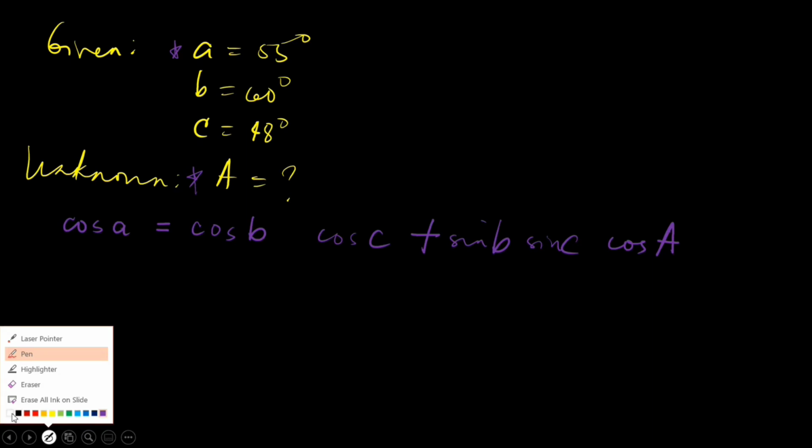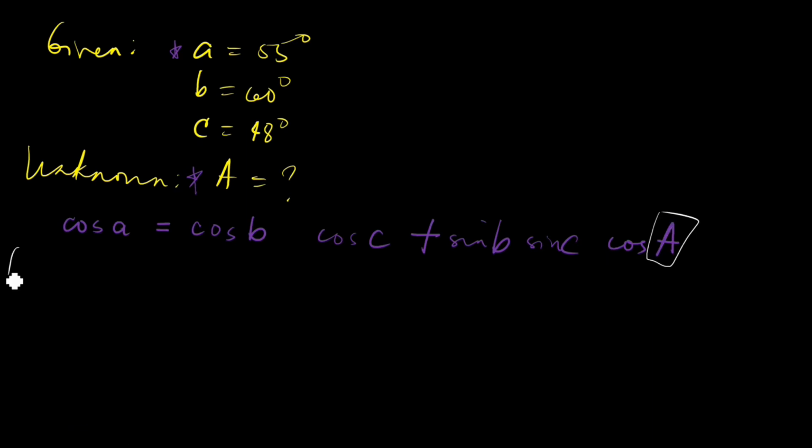Next, what we need is the big A, so let us derive the formula. As you can see, we do have addition, so what we're going to do is transpose. We have cosine of side a, so what we need to transpose is the term that is not with the cosine of big A, because with big A we have sine b, sine c.